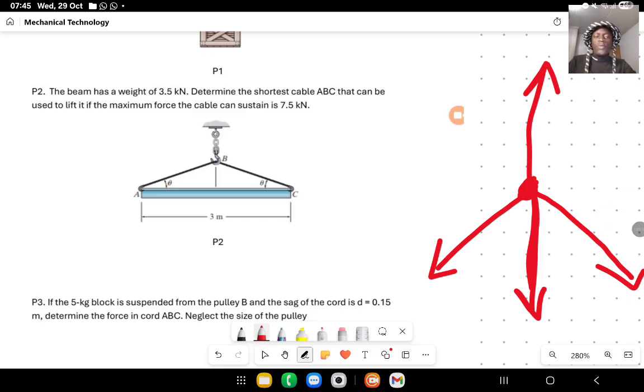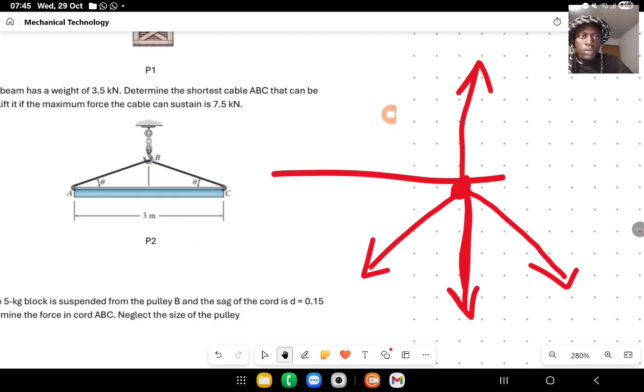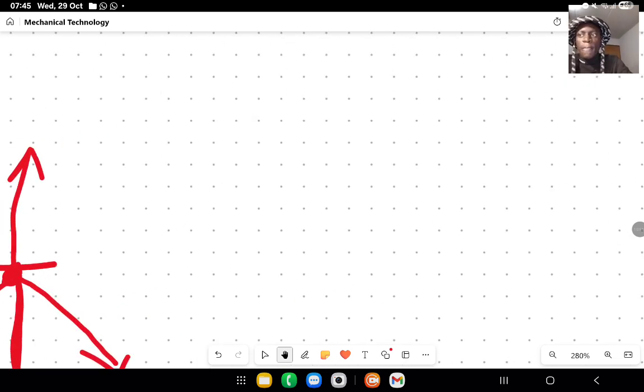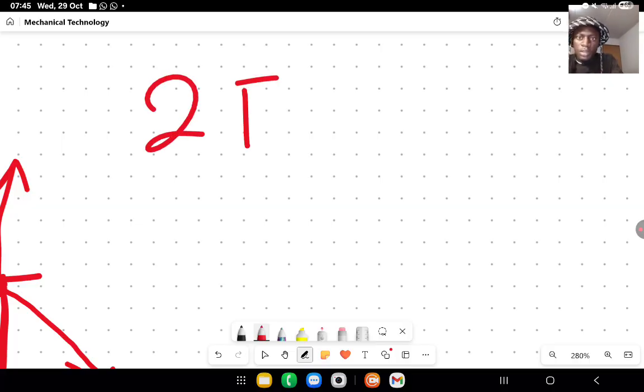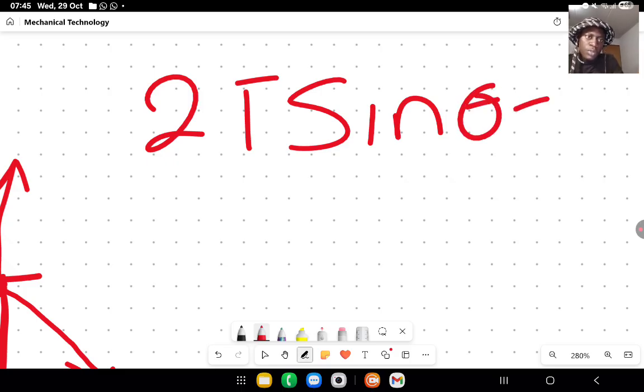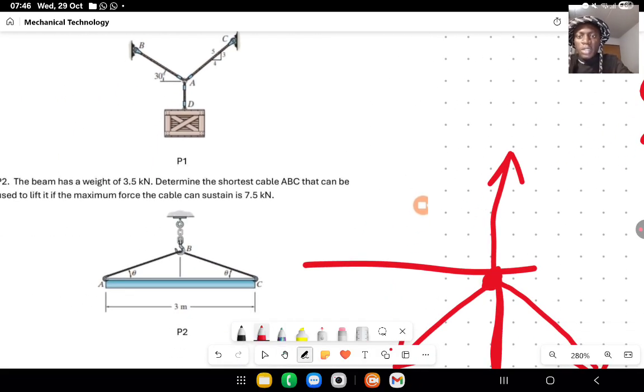Okay, step 1, we are going to say 2T sine theta is equals to W. Why? Because we have the continuous rope, we have the continuous tension here. That means AB and AC are equal.